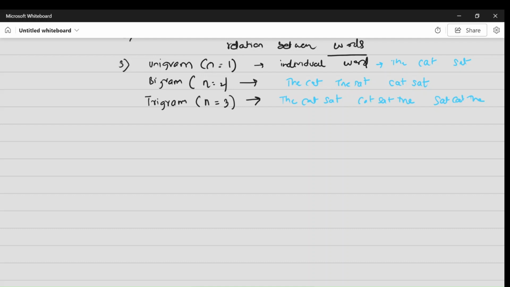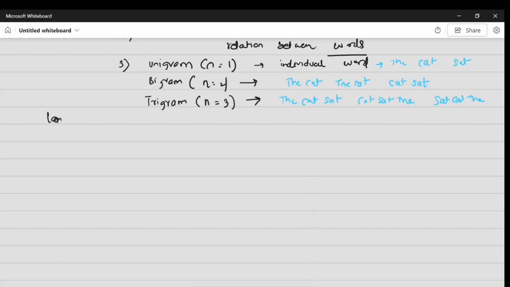Why are we doing this? Because we wanted to overcome the disadvantages or demerits of the count vectorizer. And these are the use cases. There are different use cases. The first use case for n-gram is language modeling.